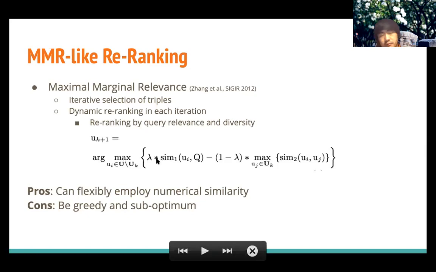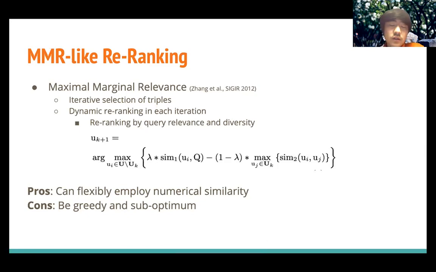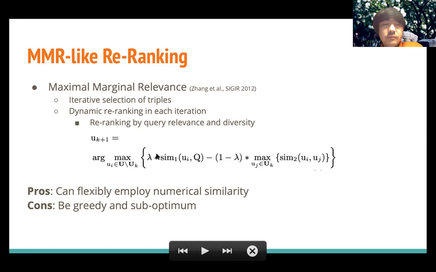So it sounds better than grouping. Well, but still, this framework has some shortcomings because it has a greedy nature. Well, clearly, it's a greedy algorithm. So possibly it will not generate an optimum solution.